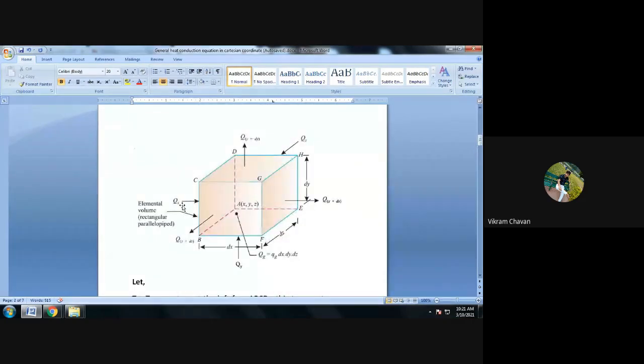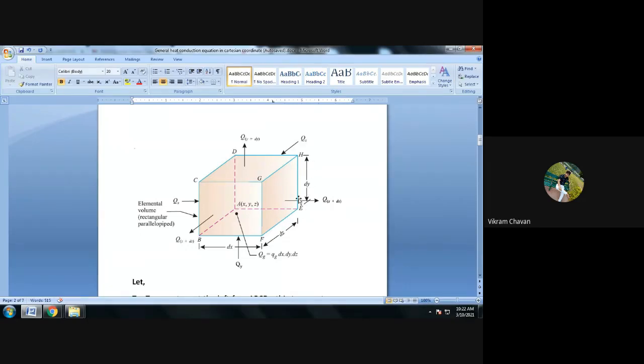In time dt, Q suffix x amount of heat is entering inside the element in x direction. During the same time interval dt, some amount of heat is leaving the element in x direction from the opposite side, so the opposite face is EFGH.